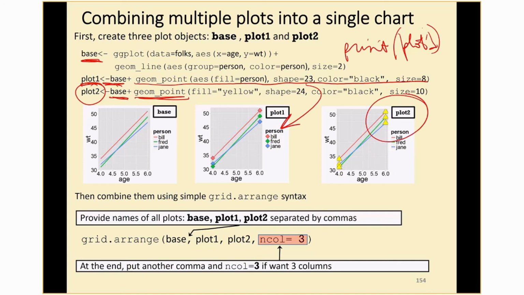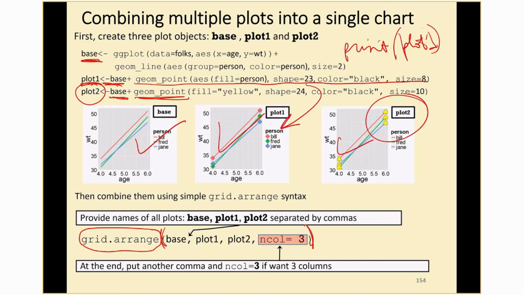So in order to combine this plot and this plot into a single plot, I use the grid.arrange function that's available with the gridExtra package. So there's the grid.arrange function, with open and closed parentheses, and it has a bunch of arguments.